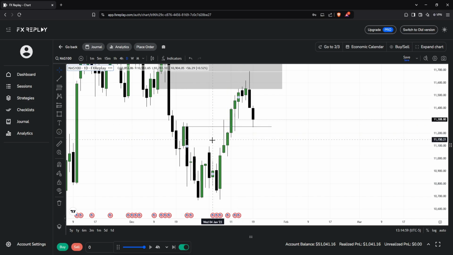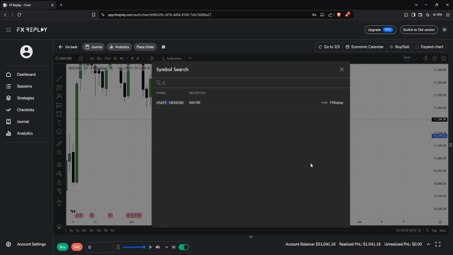We have pretty much nothing more in here to retrace to, except this little gap. But if price touches this and we see a confirmation entry on an hourly or a 15-minute displacement higher, or a change in state of delivery, which is CISD, right?